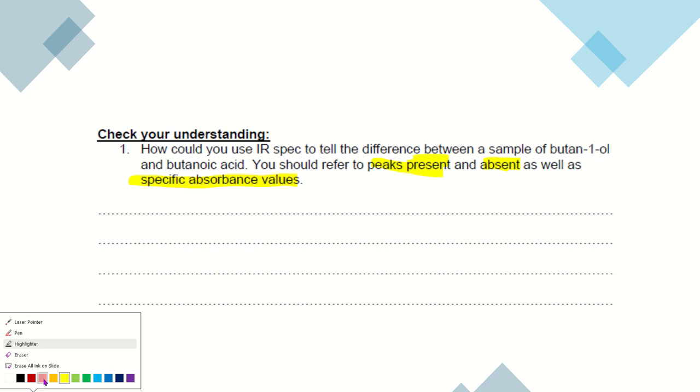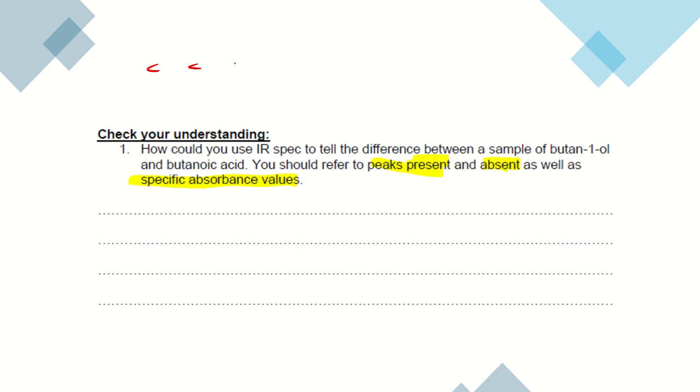So what is this examiner after here? Well, if we draw out very quickly what we've got, butanoic acid, 1, 2, 3, 4 carbons, of course, with a C=O double bond and a COH bond, and we have butan-1-ol, which is still 4 carbons, and an OH. So this is very simple. On both of them you're going to have an OH absorbance.